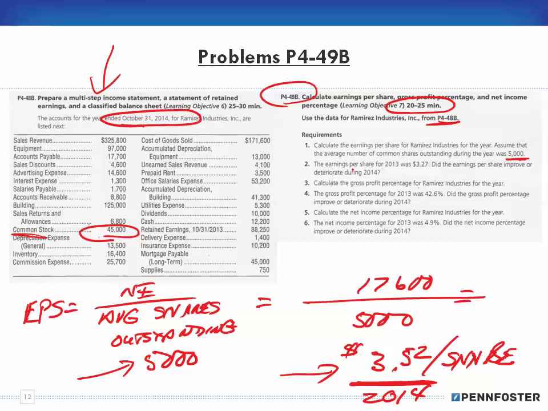The earnings per share for 2013 was $3.27. Did the earnings per share improve or deteriorate during 2014? So if you look at it, you have to really think this through. Let me do some erasing here.